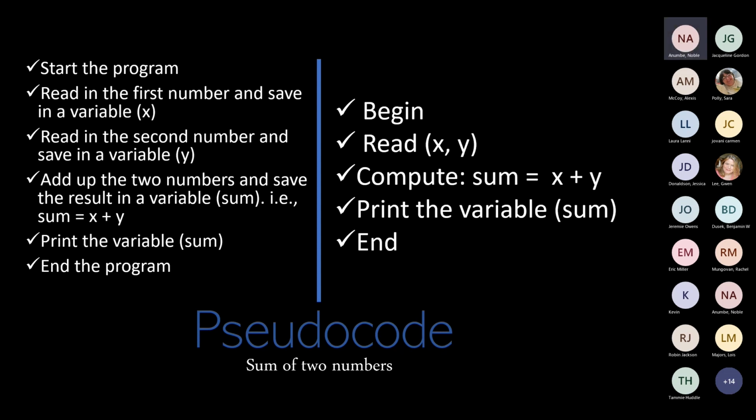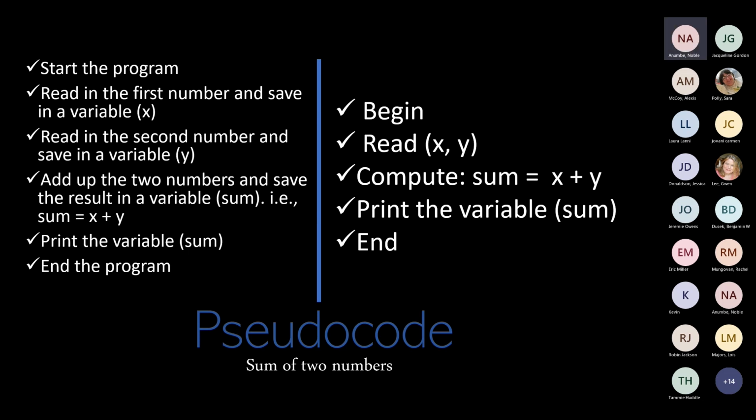It doesn't have to be a variable if you're focusing on a specific number, but as with every other code, because it's going to be reusable, you want to use different numbers. So start the program, read the first number, read the second number.